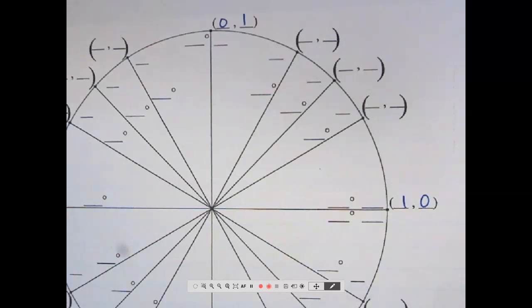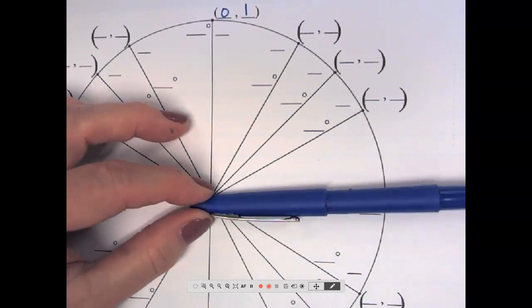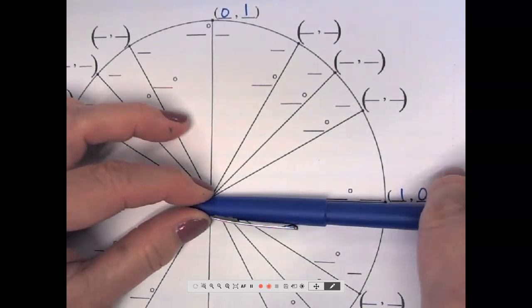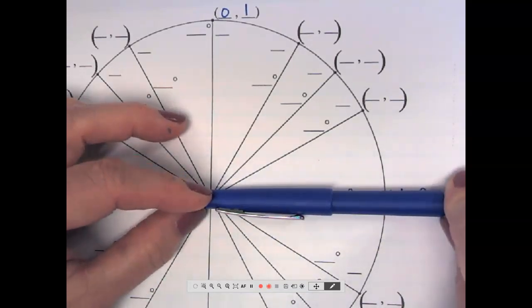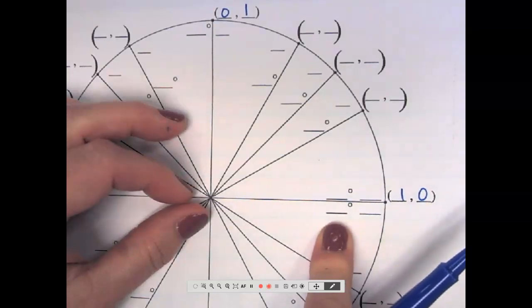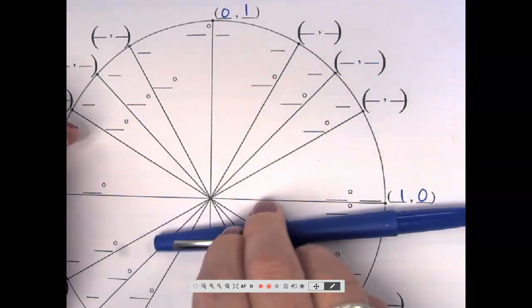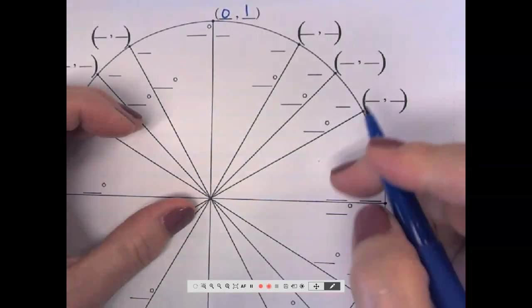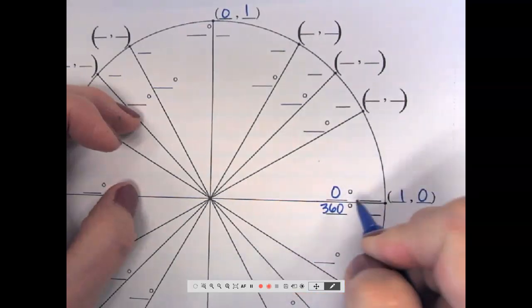Okay, next thing I want to do is fill in the degree marks. Remember we start here when we're rotating an angle. So this would be how many degrees right here? 0. And also, notice I have 2. What about when I get all the way back around? 360. So we're going to put 0 degrees, 360.